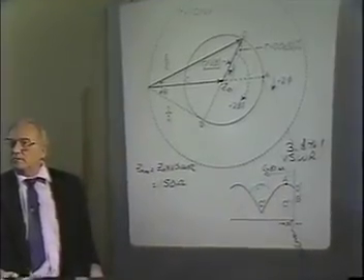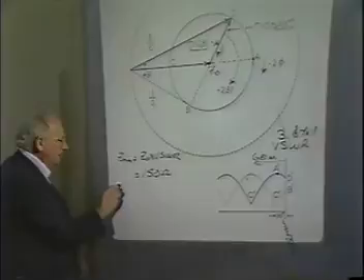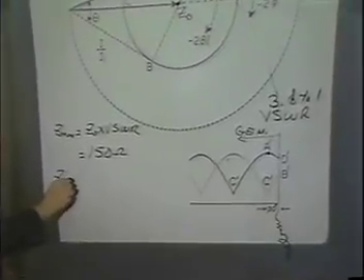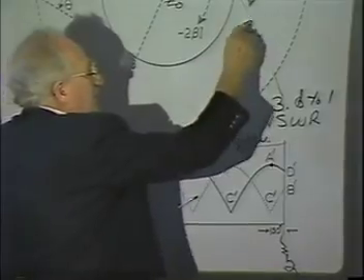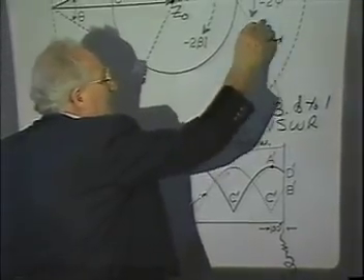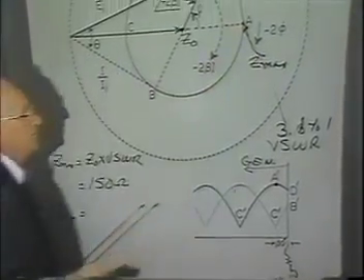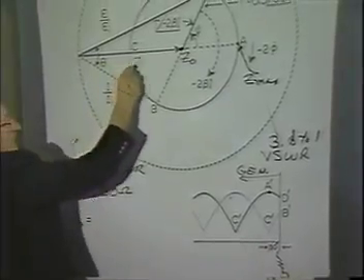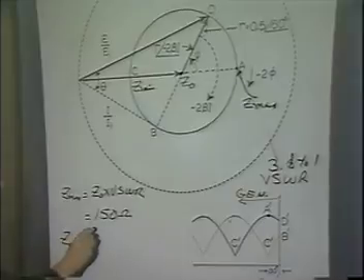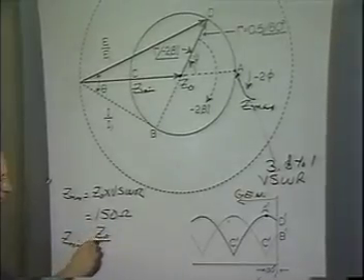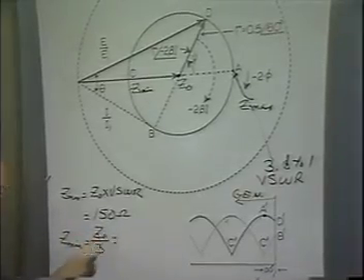Okay? What do you have on the other side? Z min. Now notice, this is Z max, right here. Over here is Z minimum. And that will be Z0 divided by, in this case, the VSWR is 3.